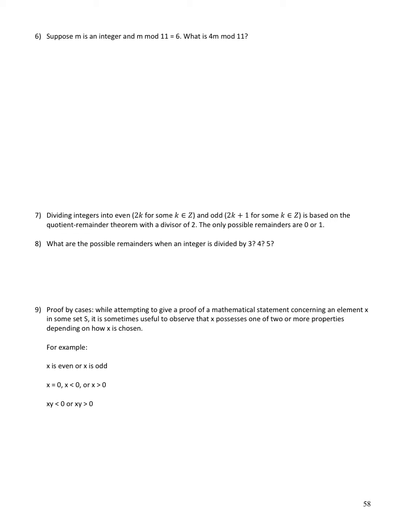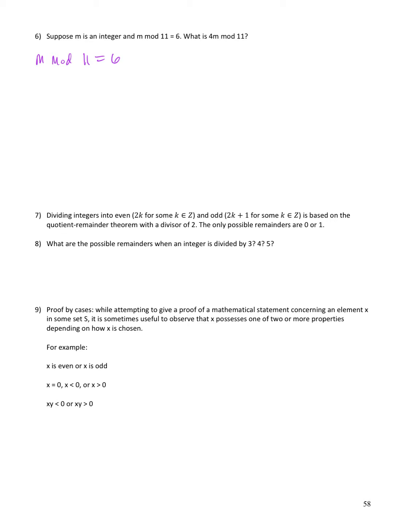Suppose m is an integer and m mod 11 equals 6. What is 4m mod 11? Well, m mod 11 equals 6. I'm going to rewrite that using the quotient remainder theorem. I don't know the quotient, but I know the remainder. Mod gives a remainder, and 11 is the divisor d.